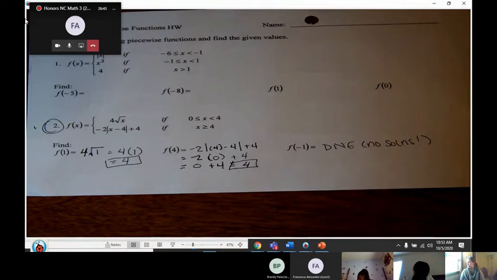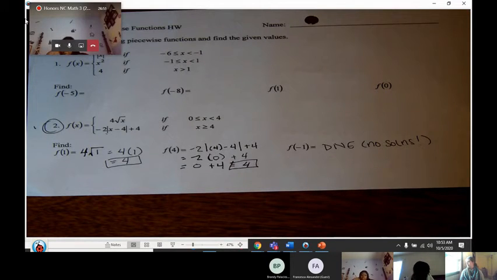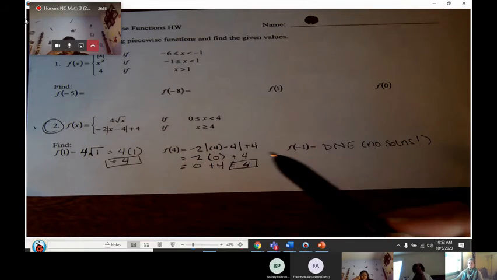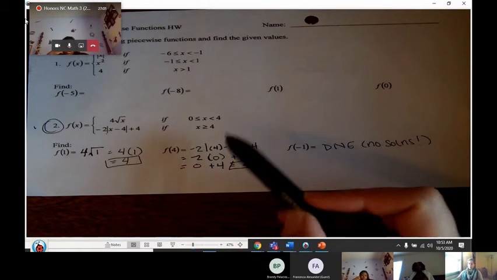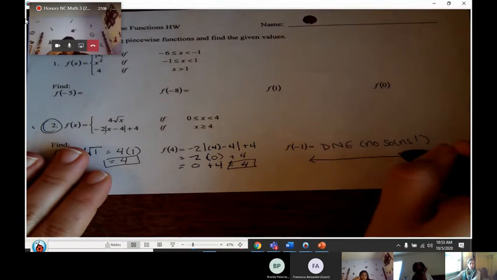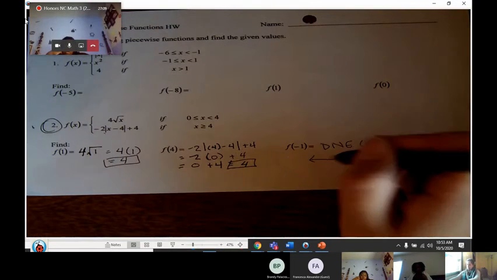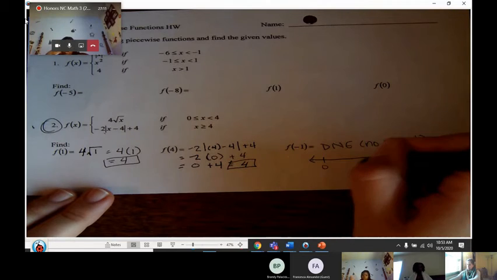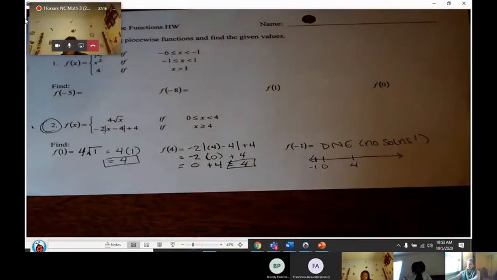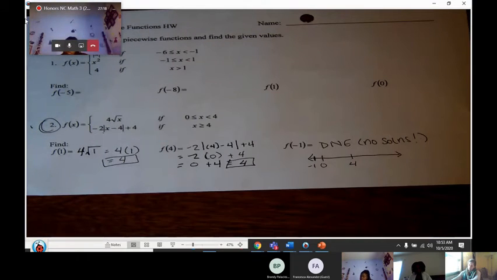What questions do you guys have on that? Wait, why is there no solution? Good question. So -1 is not between 0 and 4. It's also not bigger than or equal to 4. If I drew out a number line, we have from 0 to 4, -1 is right here. I'm going to highlight my two domains.